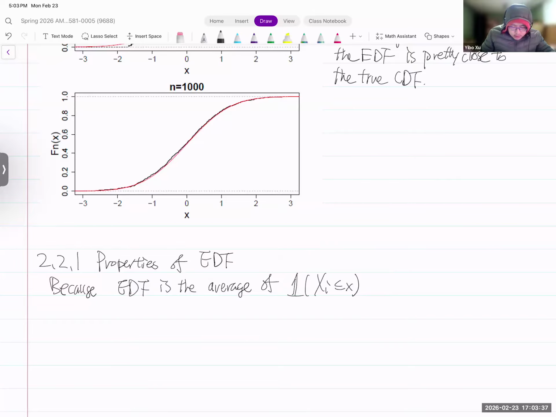So we can just study each of these random variables. Now let's denote that indicator as Y. Let's denote Yi as the indicator of Xi less than or equal to x.